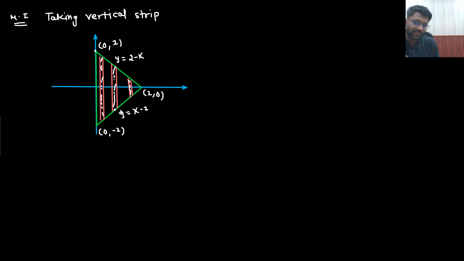The bottom of this strip is at x minus 2, and the higher point is at 2 minus x. Say yes or no. And what about x? When you move this strip, x is moving from x equals 0 to x equals 2.